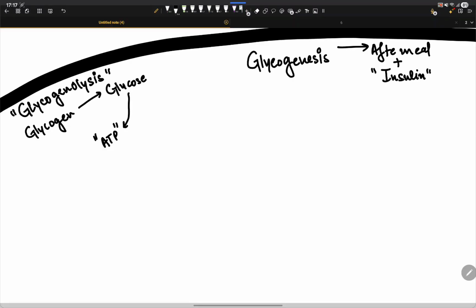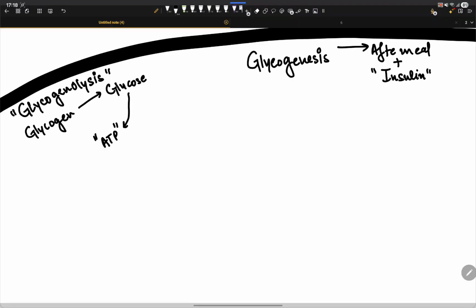Second question: okay, it's going to fall, but how will the liver know that it's falling? Because we know the liver is responsible for maintaining blood sugar when you're fasting. Can liver cells measure blood sugar directly? No. Instead, we have the pancreas.